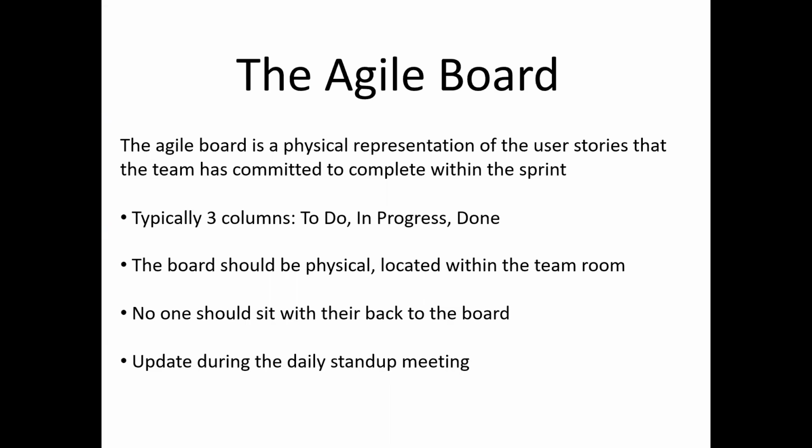An Agile board typically is a representation of the user stories for a sprint. As we have learned, the team commits at the beginning of the sprint to a number of user stories that they are going to complete by the end of this sprint.